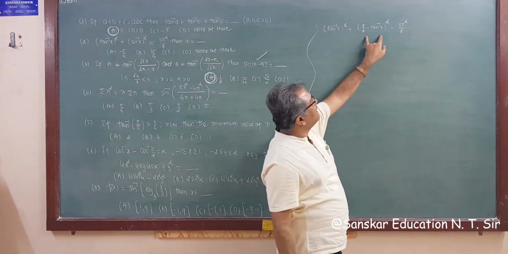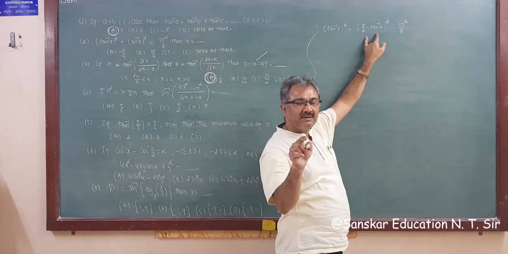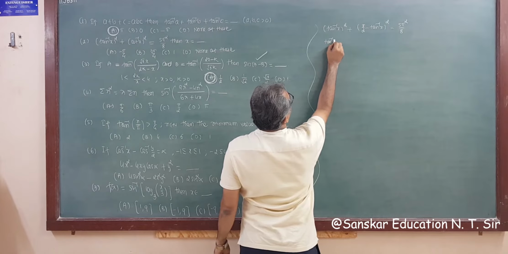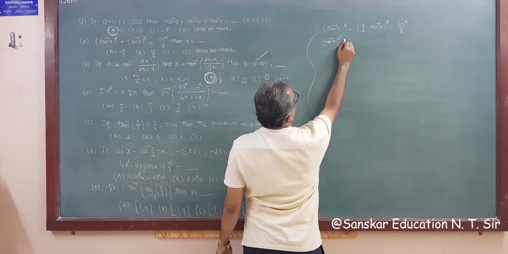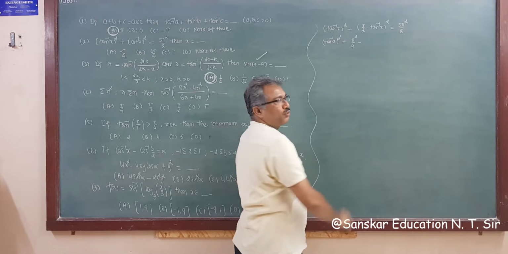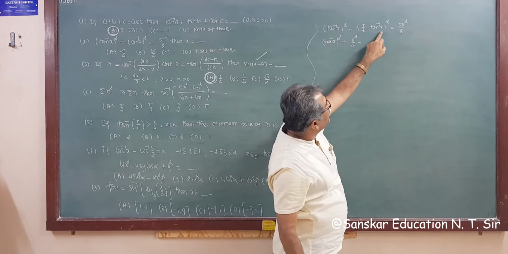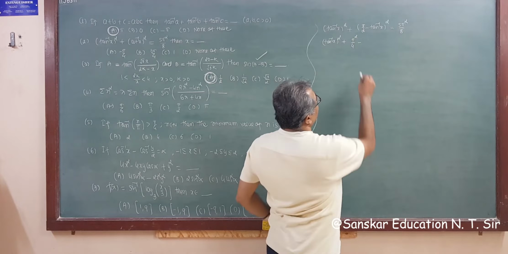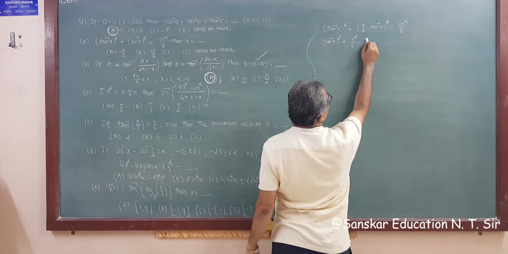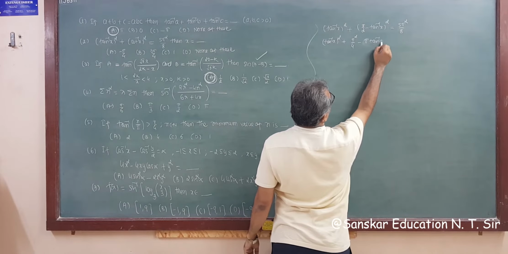Now expanding this, (a minus b) whole square is a square minus 2ab plus b square. So this is (tan inverse x) whole square plus pi square by 4 minus 2 times pi by 2 into tan inverse x. So the 2 cancels, leaving pi tan inverse x.